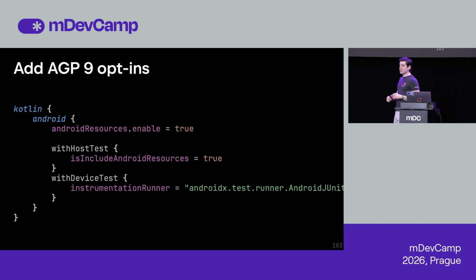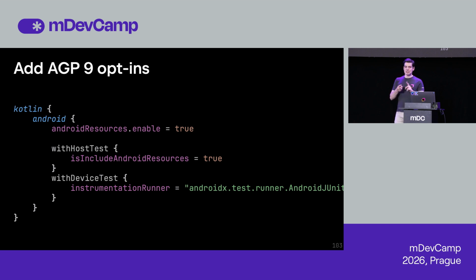Then we get to AGP 9 opt-ins. There are some things that are enabled by default in Android libraries, but are not enabled by default for Android multi-platform libraries. For example, Android resource processing is disabled by default to save performance, but if you need to use resources, you'll want to re-enable that. Similarly, test features are disabled by default on Kotlin Multiplatform libraries.